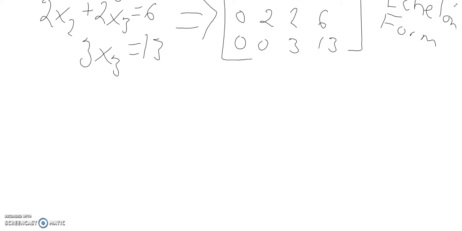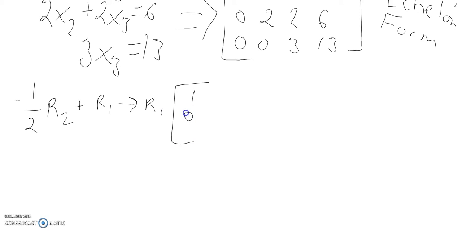My first row operation is negative 1/2 times R2 plus R1, and I put that back into R1. So the matrix will become 1, 0, 0, 0, 2, 0, and 0, 2, 3, and negative 2, 6, and 13. I'm going to keep going.